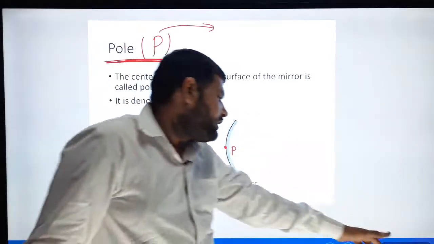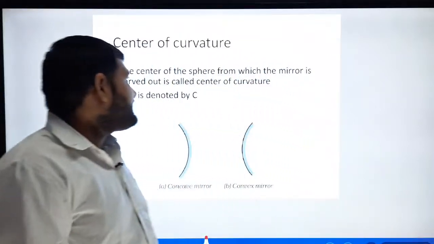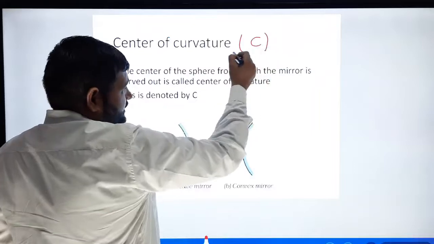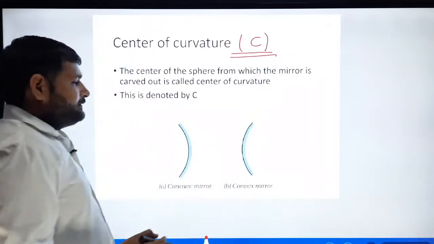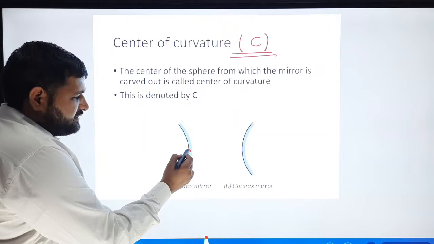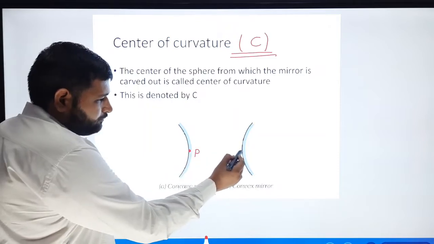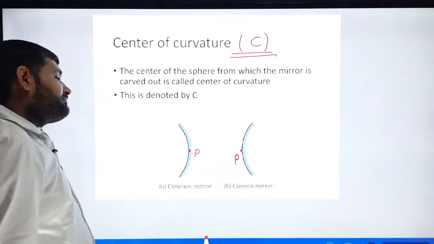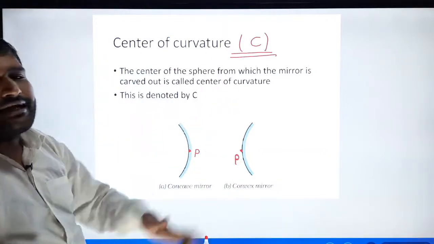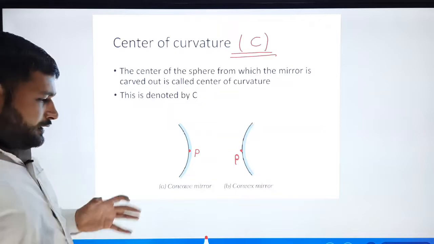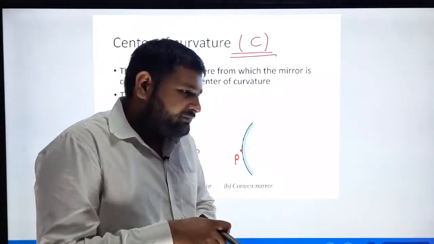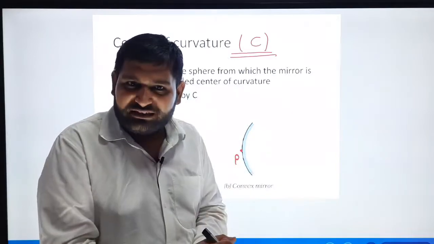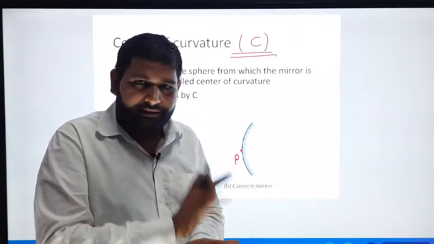Let's move on to the second definition, which is the center of curvature, denoted by capital C. From the previous point we can mark the pole, which is the center of the reflecting surface of the mirror. Now what is the center of curvature? We have studied that spherical mirrors are carved out from hollow spheres. That's why they are called spherical mirrors.